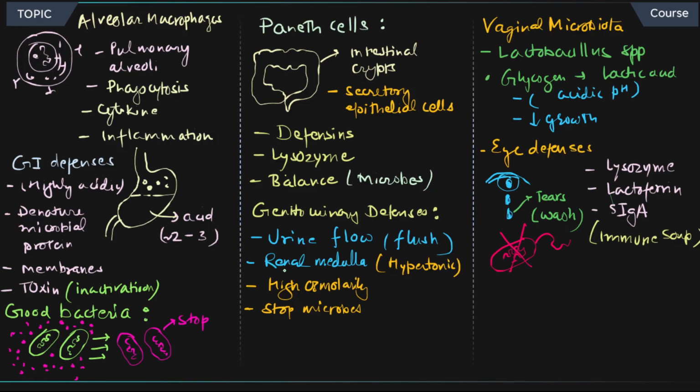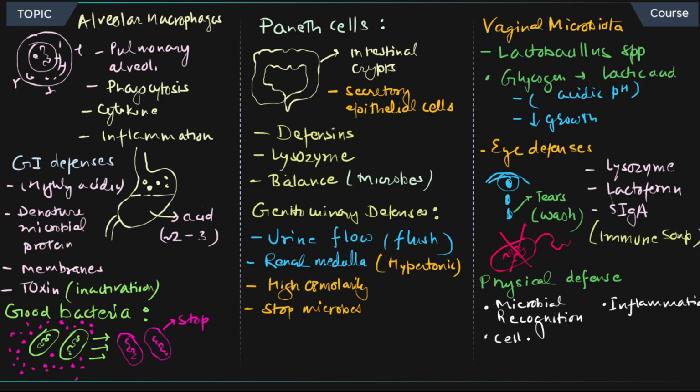Okay, so now if we conclude, our physical defense is working on various aspects. The first one is microbial recognition. The physical defense is going to target microbial recognition; a surveillance system is there. It also induces inflammation, so that if there is anything targeting our body, you have cell signaling, and adaptive immune activation also happens.